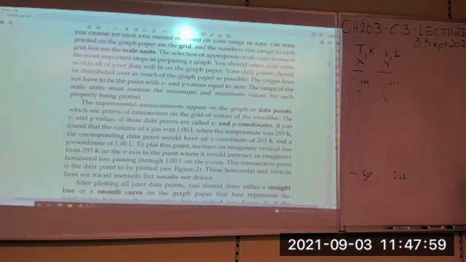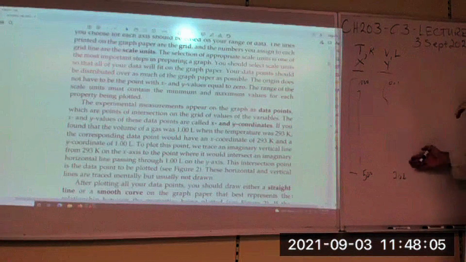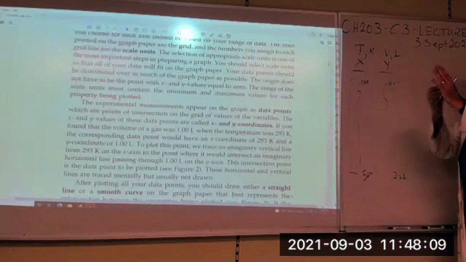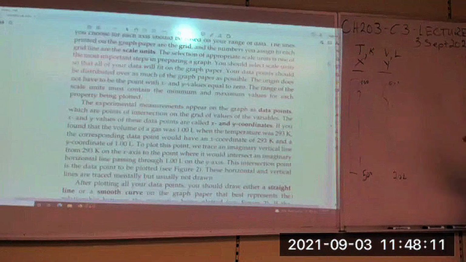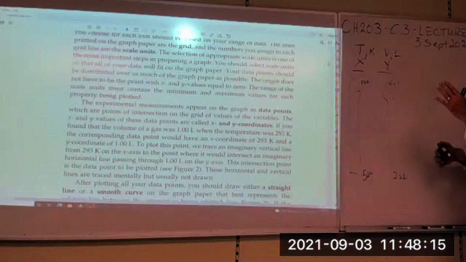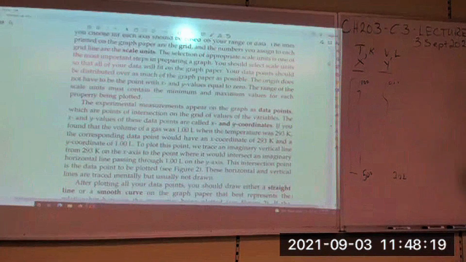So which way would you want to do it if it were portrait? If the Y range was huge and the X range was small, right? Because it would be this way. But if it's the other way around, if the X range is large and the Y range is small, you turn it landscape. Okay?